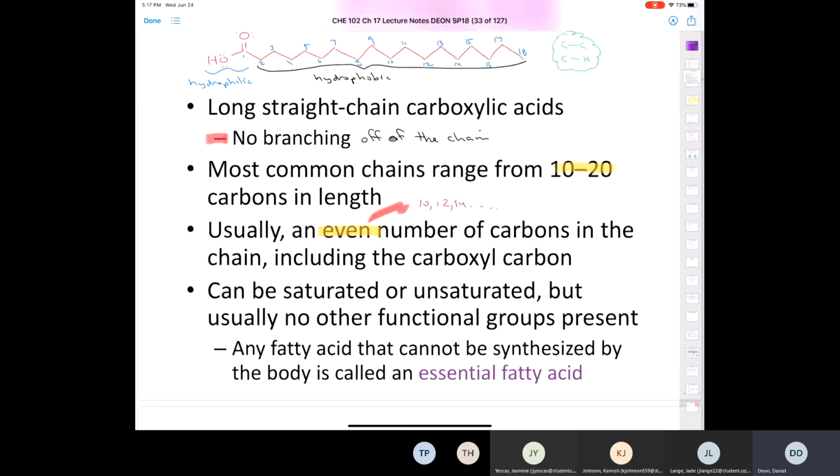Now it says here that fatty acids can be saturated or unsaturated, but usually we have no other functional groups present. So we're not going to see aldehydes or a thiol showing up here. We're just talking about the carboxyl group from the carboxylic acid and then the big hydrocarbon tail. It says here that any fatty acid that cannot be synthesized by the body is called an essential fatty acid.